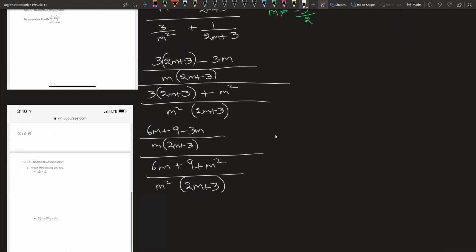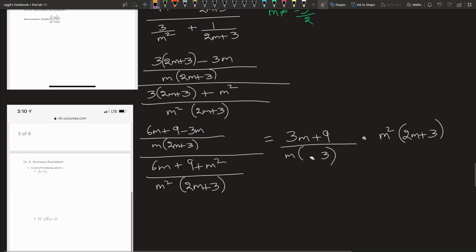So we're ready to change division to multiplication. At the top, you have 6m minus 3m, which will just be 3m, plus 9. Over here, you have m times 2m plus 3. We change the division to multiplication now, so we flip the terms. So m squared and 2m plus 3 go to the top. This was 2m plus 3, by the way.